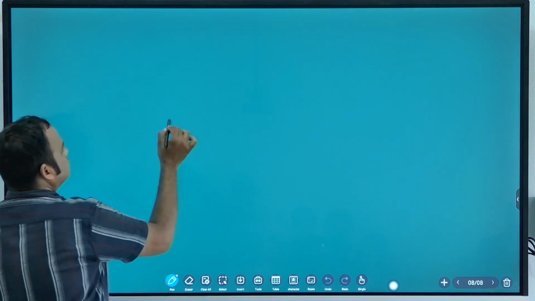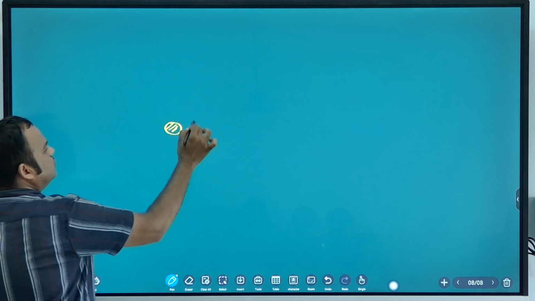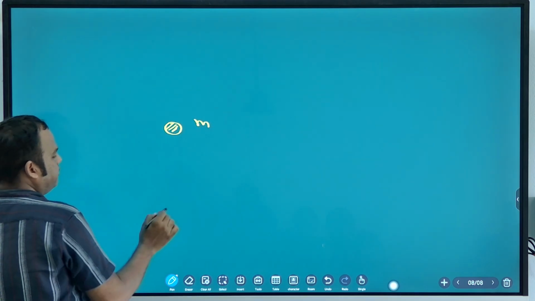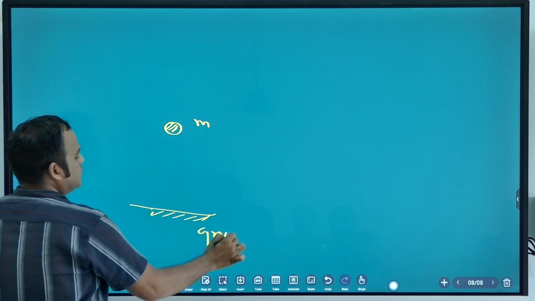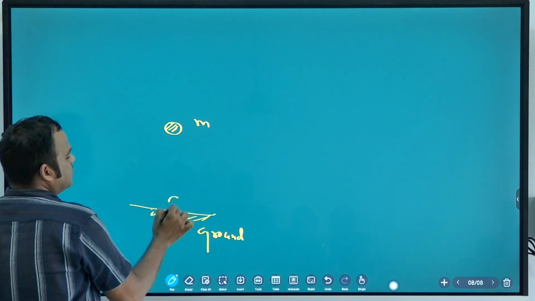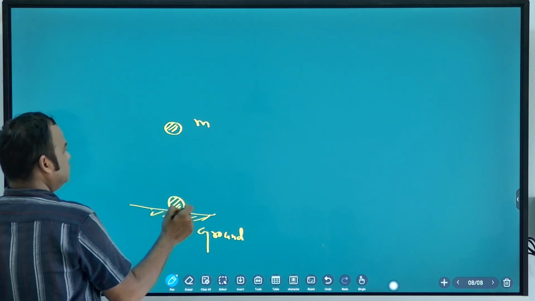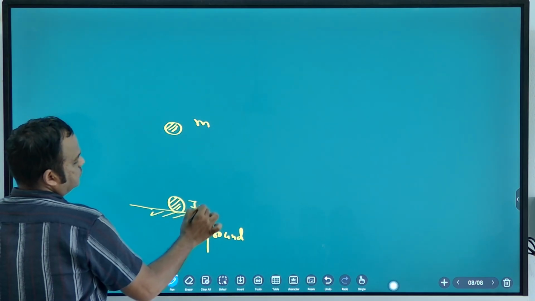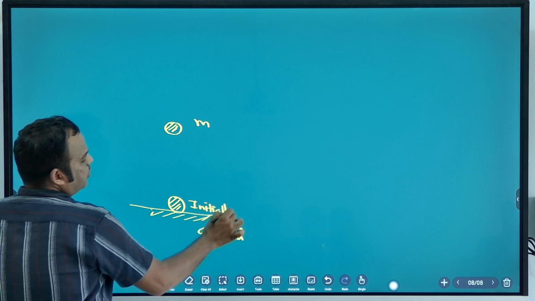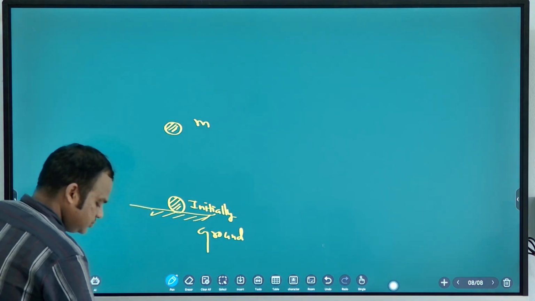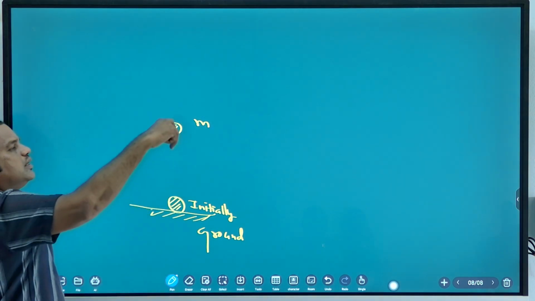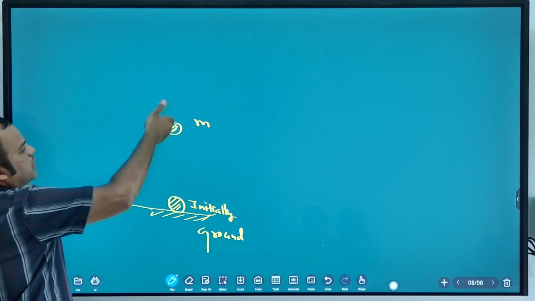Ball. Suppose this is the ball, the mass of the ball is m, and this is the ground. Initially the ball is on the ground. Now you are taking the ball and putting it here. What height are you putting it at?